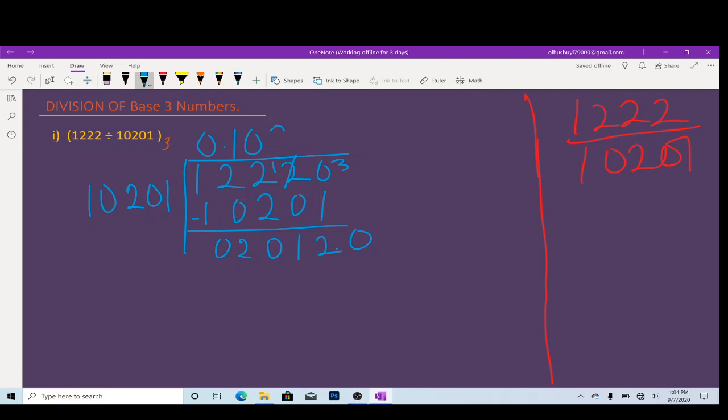You have 2 here. 2 times 1, 2. 2 times 0, 0. 2 times 2 is 4. But you cannot write 4. You are dealing with base 3. So you divide by 3, you have 1 remainder 1. You write 1 here, you keep 1.